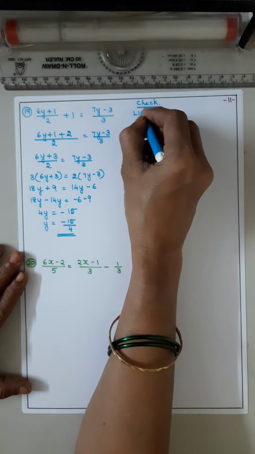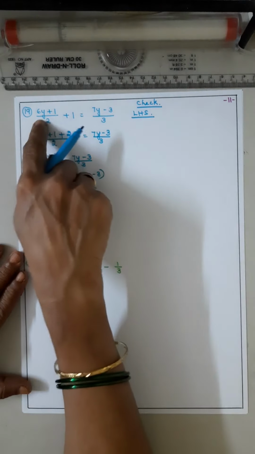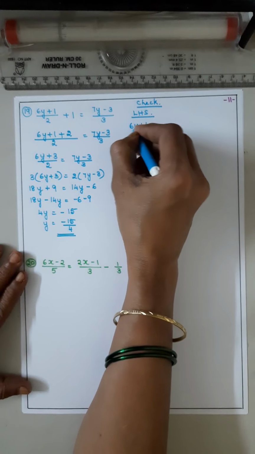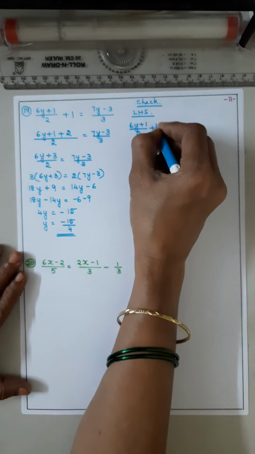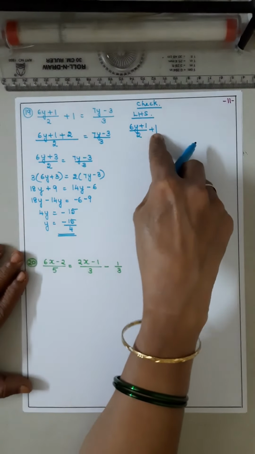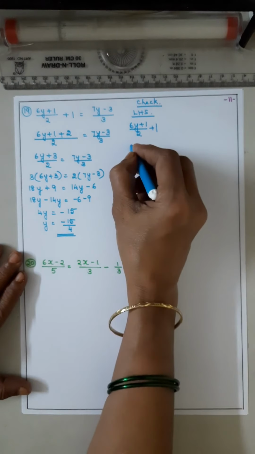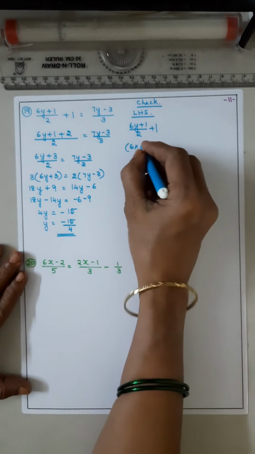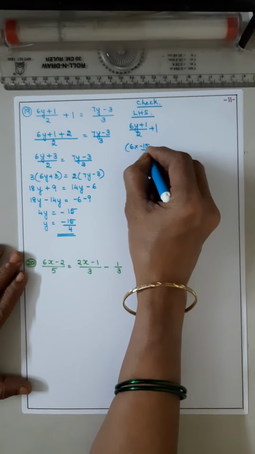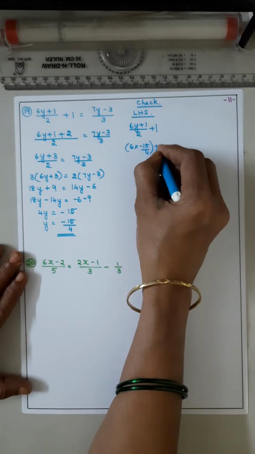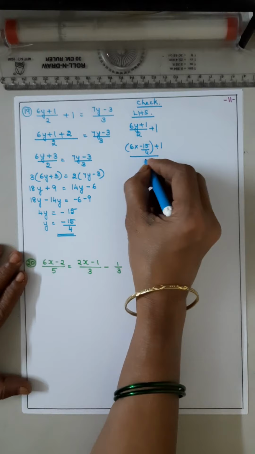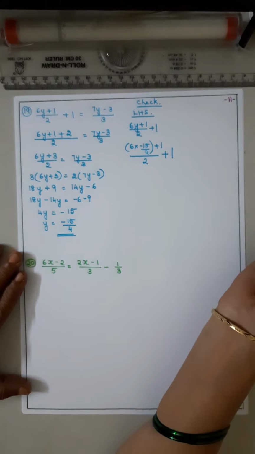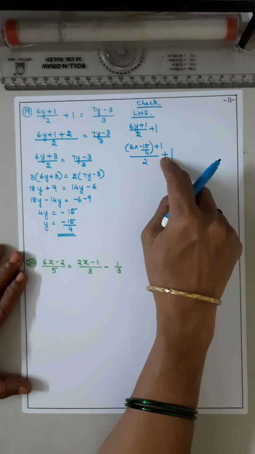It is LHS. What is it? 6y plus 1 by 2 plus 1. This one, put it bigger, okay. Now, within the bracket, 6 into y is minus 15 by 4, plus 1 upon 2, again plus 1. See the way it is to be written.